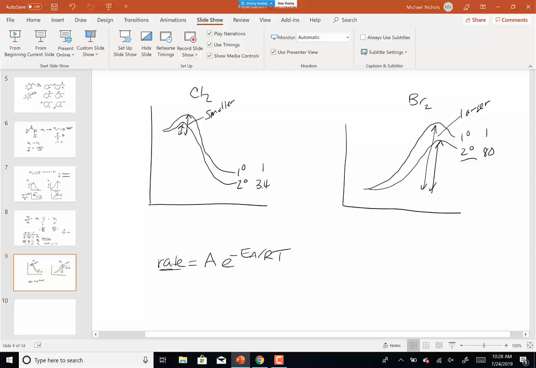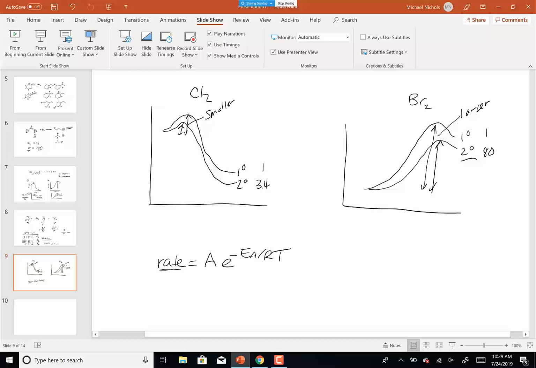So there's not enough energy at room temperature to make the bromine go over the two barriers at nearly the same rate. Those molecules are starved in bromination. They've got a bigger barrier to overcome with the same amount of energy. In chlorination, they have enough energy to overcome both barriers at a relatively fast rate. So it's the difference between exo and endothermic.